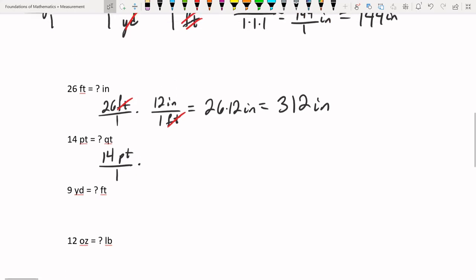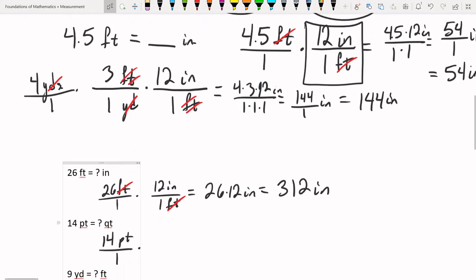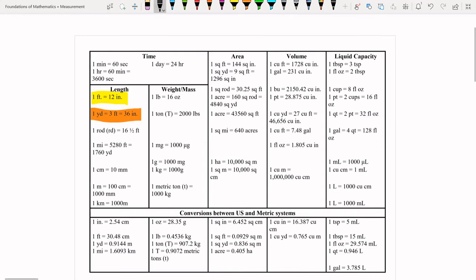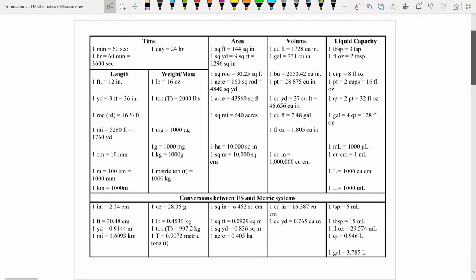Let's go back to the table here. We're looking for pints and quarts. Okay, so I can remove these. These are no longer relevant. Pints and quarts are both volume measurements. So I can look underneath volume here, and I'm looking for pints and quarts under volume, or sorry, liquid capacity.